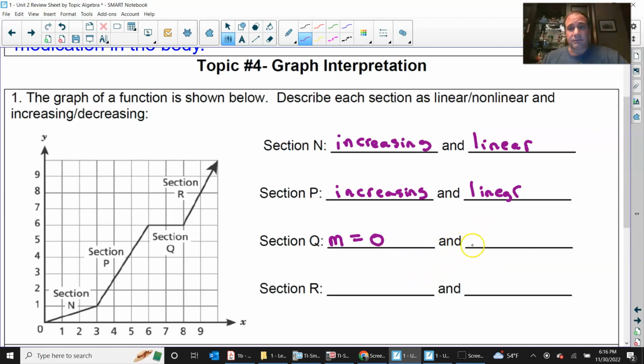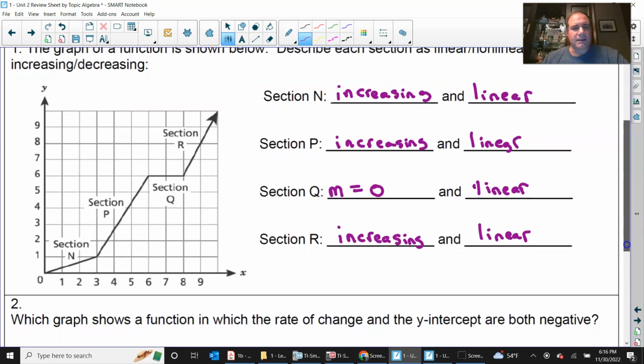The slope is 0, horizontal line, and it is linear. Section R, increasing and linear. All right, and that's basically it.